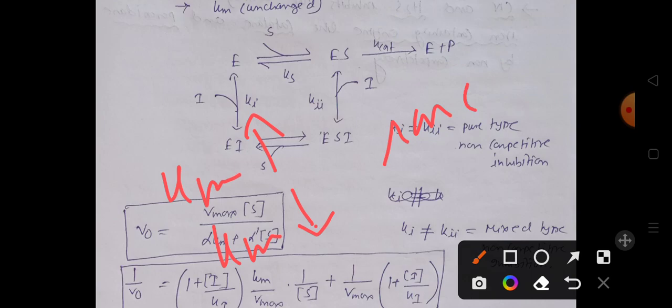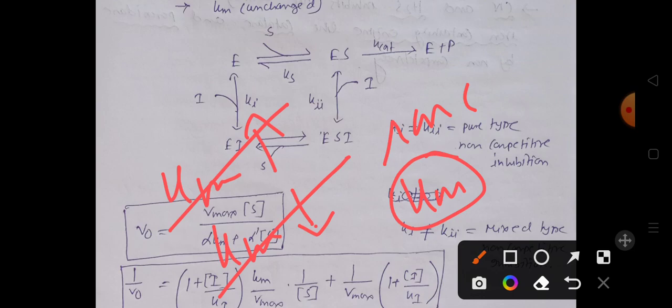Remember, the effect of competitive as well as uncompetitive inhibition is going to create a combined effect in Km, which gives us the idea that in case of non-competitive inhibition, Km is going to be unchanged, right?